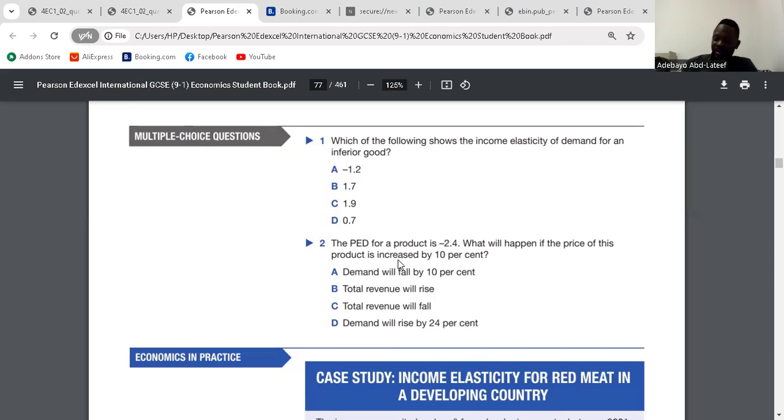Yes. What will happen if the price of this product is increased by 10%?